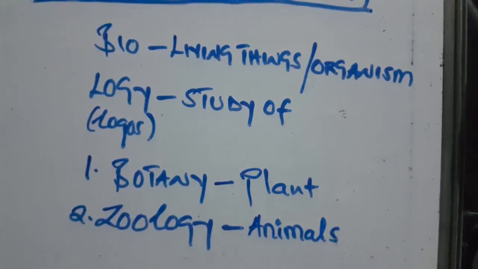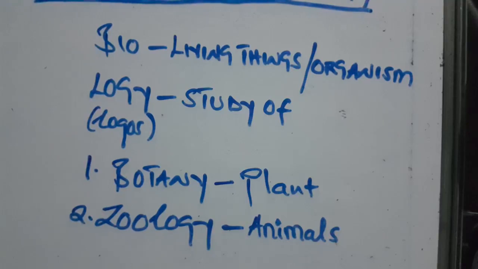These are the two major branches of biology. If this comes in an exam, and they ask you to list down two main branches of biology, you are ought to write botany and zoology.